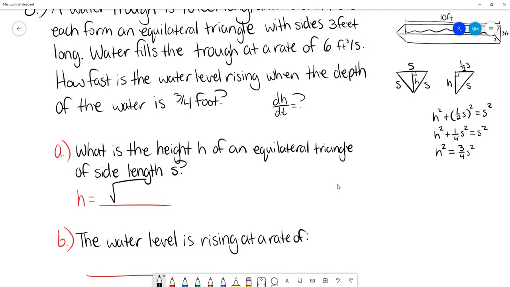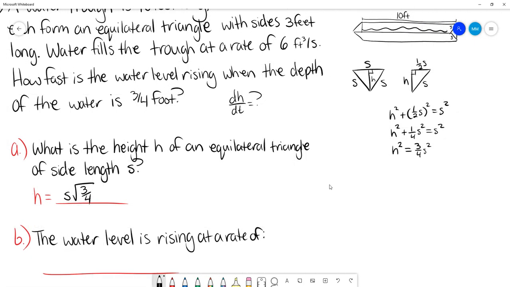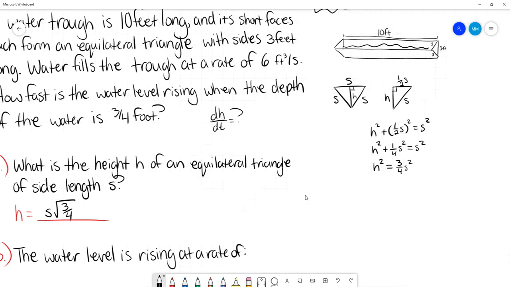So H is going to be the square root of 3/4 S squared. And actually, if I have an S squared inside my radical, I can pull it out. So it's going to be S, because the square root of S squared is S, obviously, times the square root of 3/4. Right? Because I went from there to there. Which does help us, I promise.